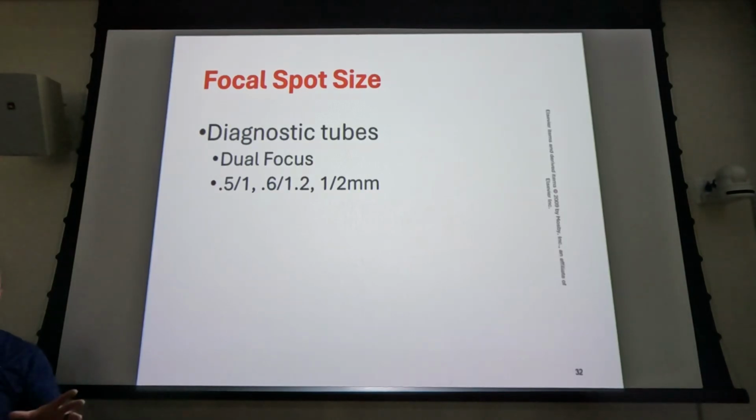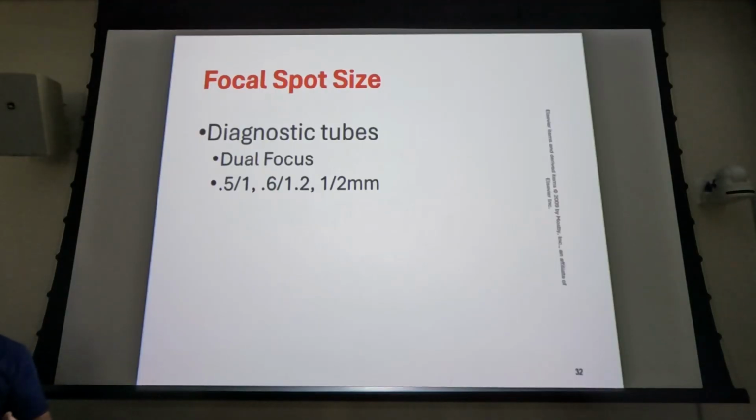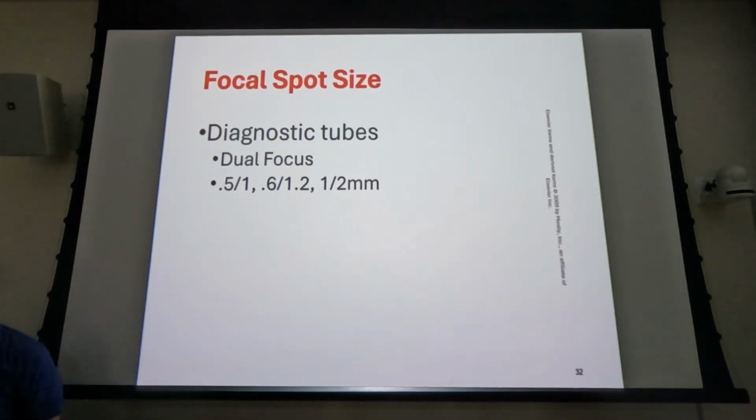You want to be able to visualize lung markings, but in comparison to seeing the cortex of the bone, the likelihood of picking up a pathology in a single lung marking is almost non-existent. Your eyes just don't, it's not going to stand out. So even though it's not a high exposure, it's still a big body part, so we're probably going to use large focal spot on chest X-ray.